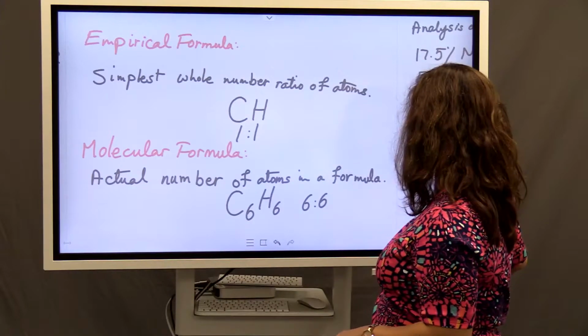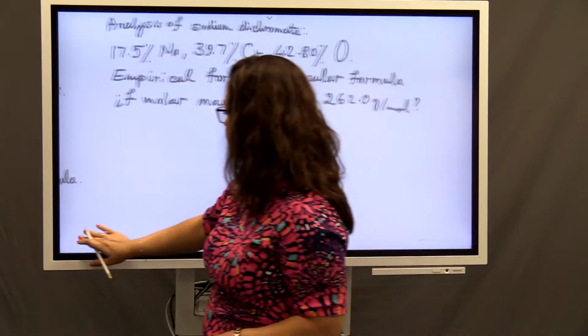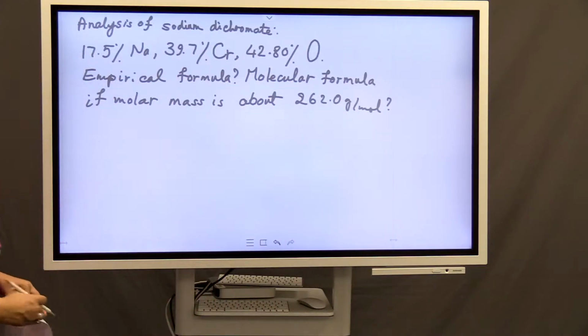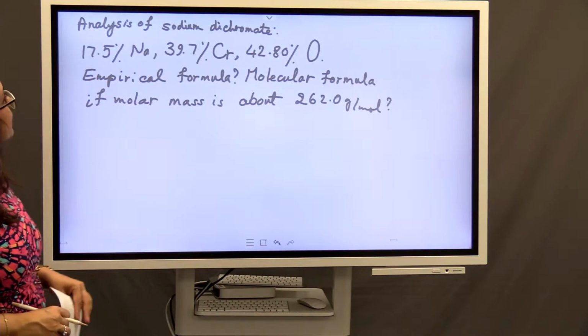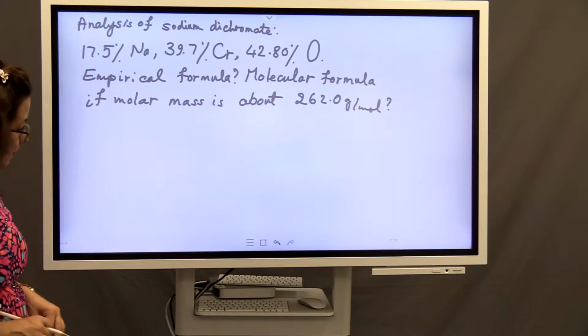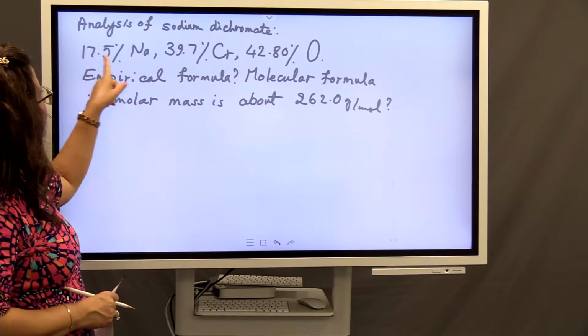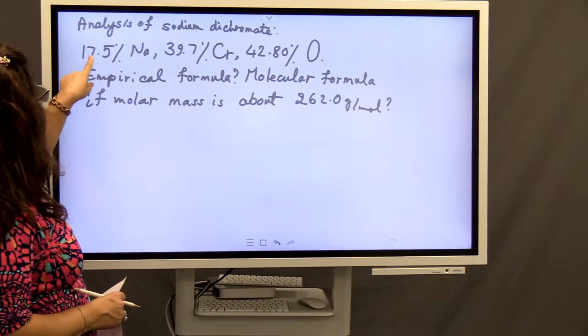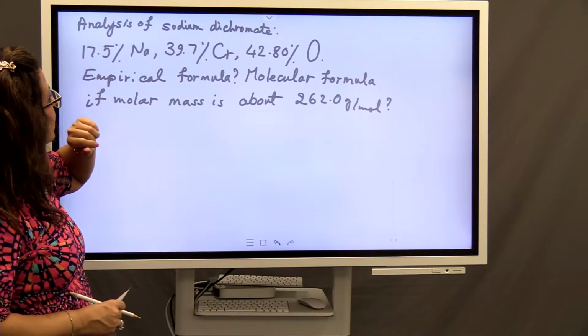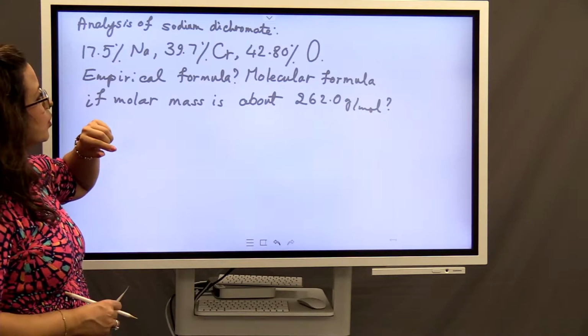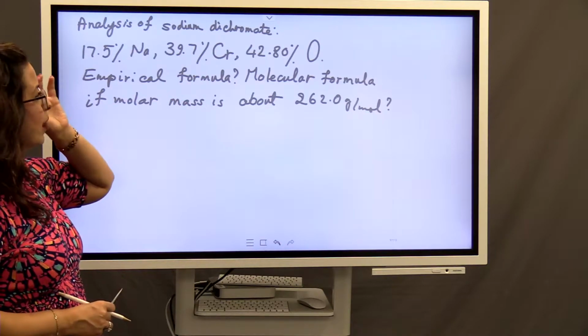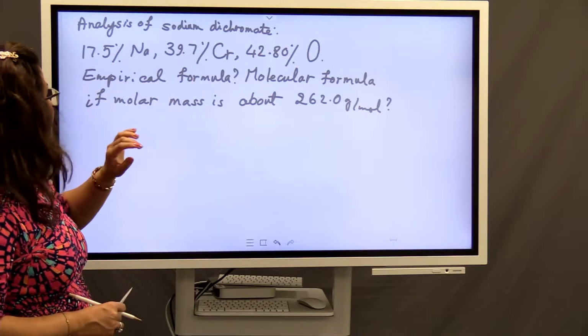Let us move towards this example to have a better idea of what we have in these types of problems. An analysis of sodium dichromate showed these: 17.5% sodium, 39.7% chromium, and 42.80% for oxygen.